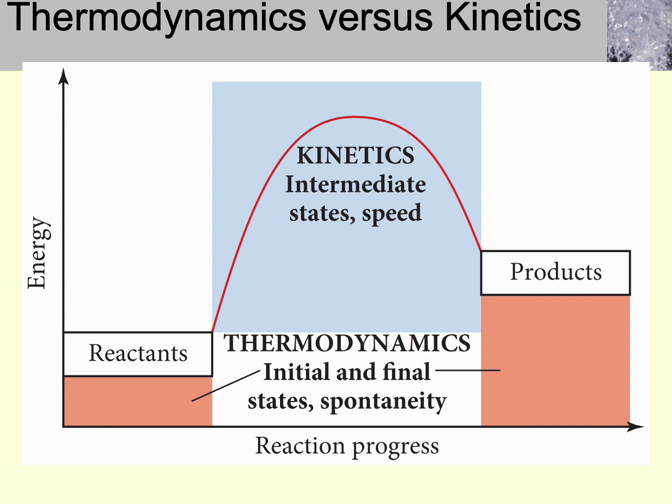For this one, the reactants are lower than the products, so this would be an endothermic process, and it needs to get over this hump to start making products. That would be called activation energy. Later on, we're going to talk about kinetics, and that's going to talk about the speed. So again, we're not really discussing the speed at this point, only whether they proceed or do not proceed.